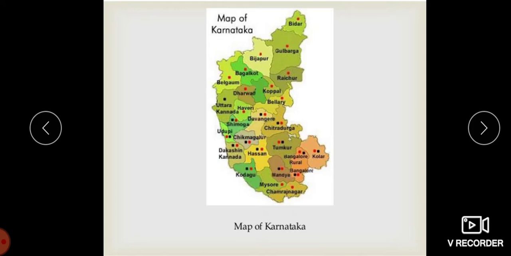And we see that the modern cotton mills were established towards the end of the 19th century. Looking at the map of Karnataka, we see that the ginning and spinning mills were set up in the northern districts. They were in Raichur, Bidar, Bellary, Chitradurga.